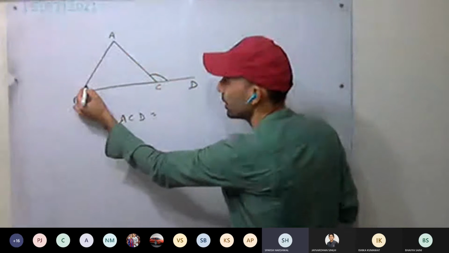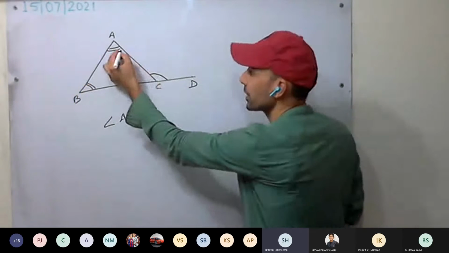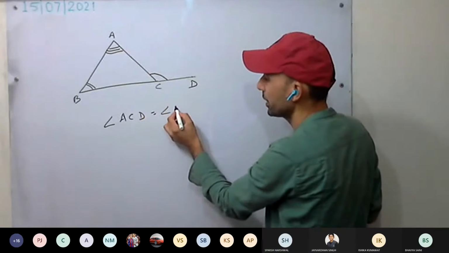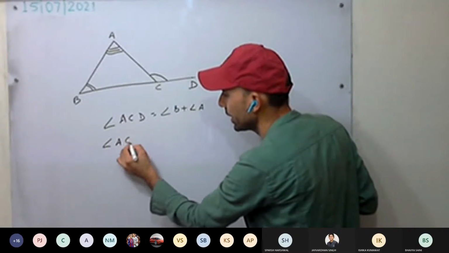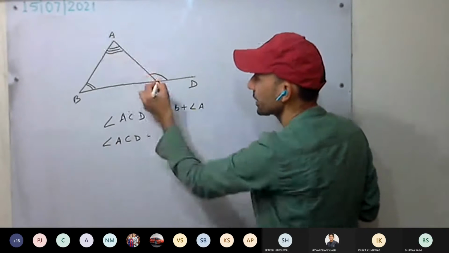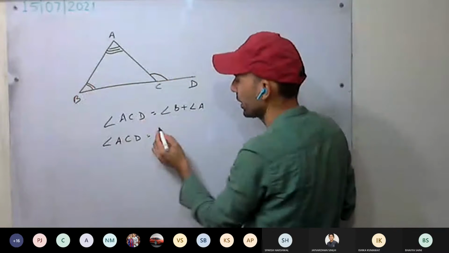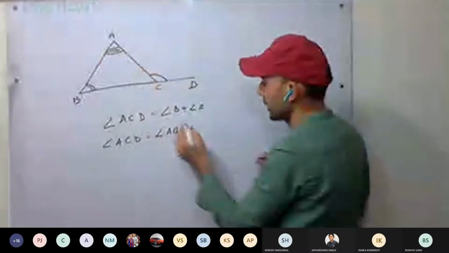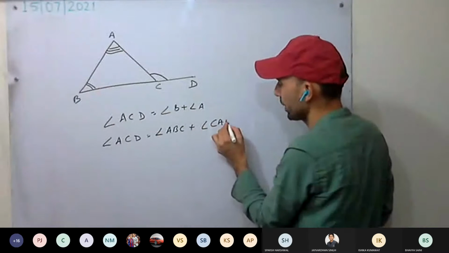Angle ACD equals angle ABC plus angle BAC, or CAB.